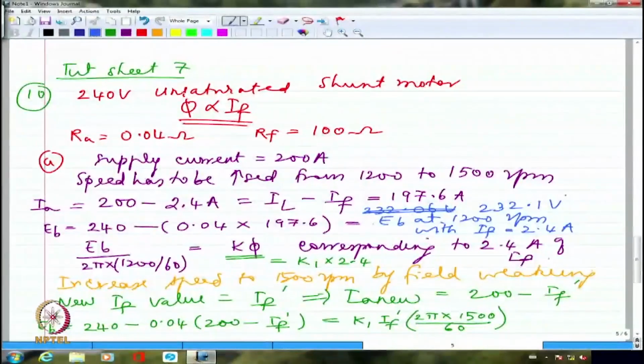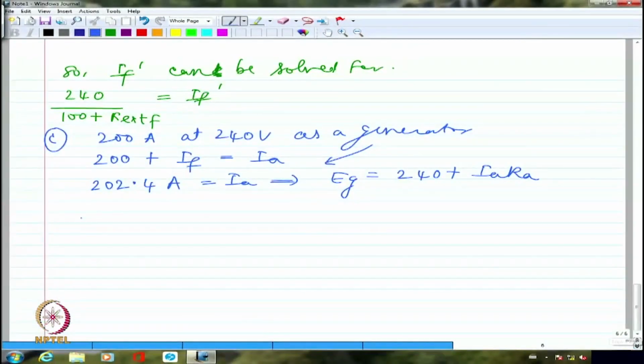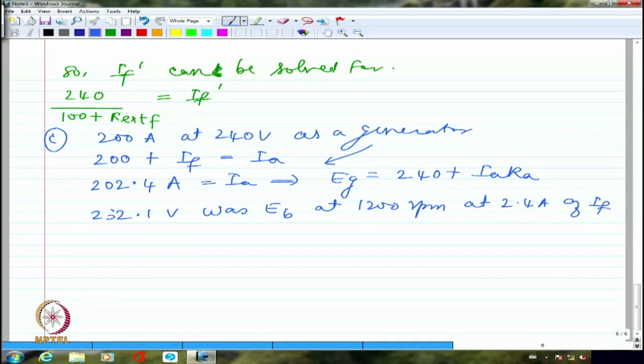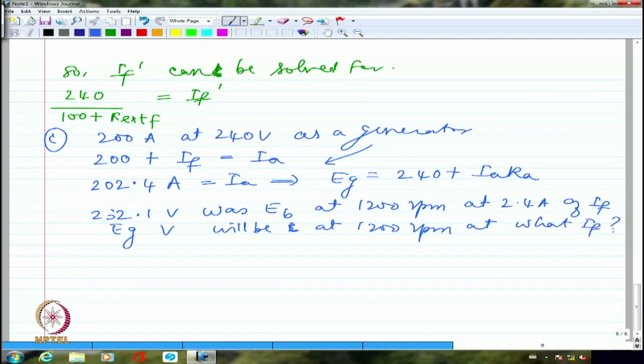Fine. So 232.1 volts was EB or EG at 1200 RPM and 2.4 ampere of IF. Now EG volts will be at 1200 RPM and what IF. That's it. Okay? Any further questions?